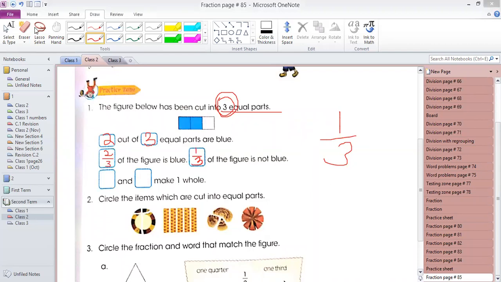Very good. Now, if we add these two fractions, this is 2/3 and this is 1/3. If we add 2/3 plus 1/3, they will make 1. Am I right, guys?